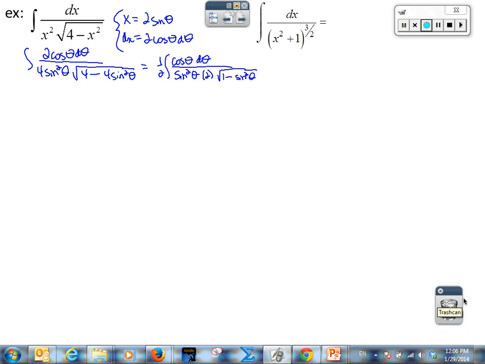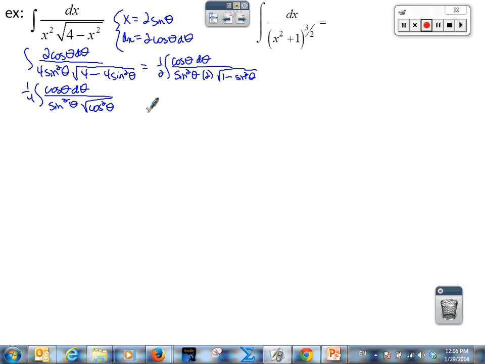So I would bring the 2 out to be a 1/4, and 1 minus sine squared, we know in trig is cosine squared. So we have 1/4 integral of cosine theta d theta. Here in the denominator I have a sine squared theta, and then the square root of cosine squared theta.